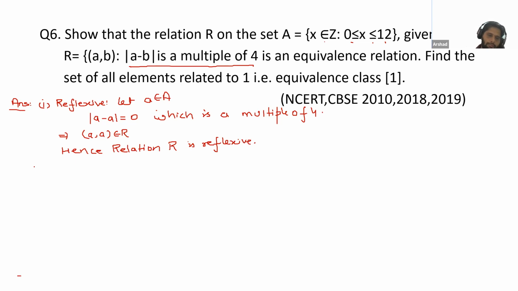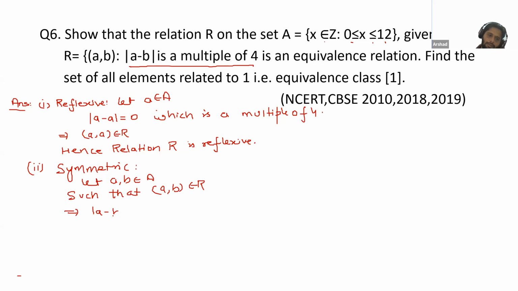Okay, second one, symmetric. What we always do in symmetric, we assume two values, let a, b belong to A, such that (a, b) belongs to R. So this implies a minus b is a multiple of 4.